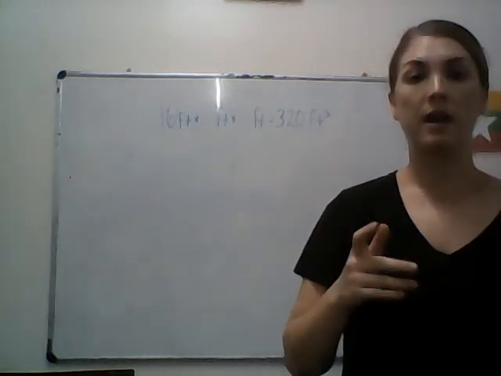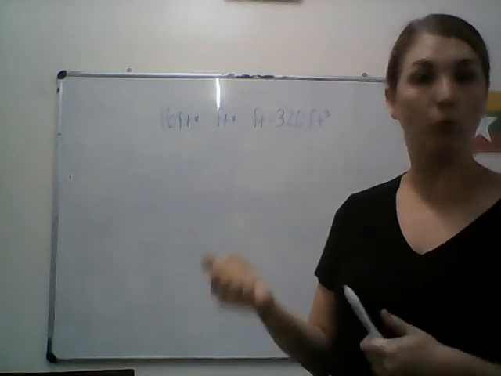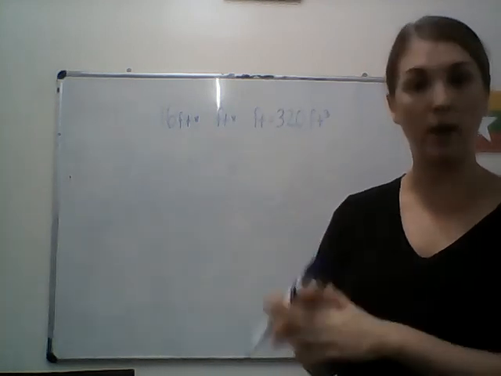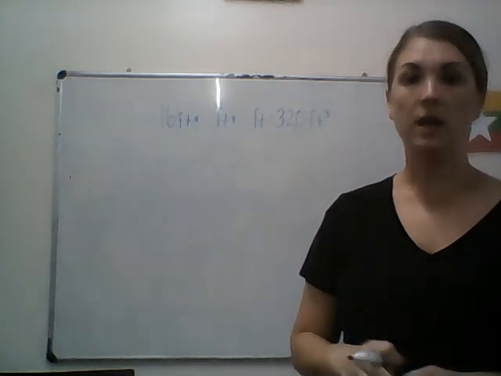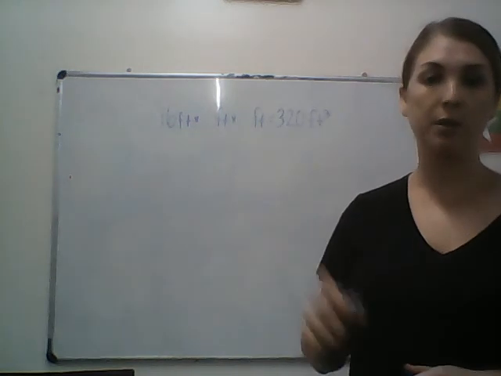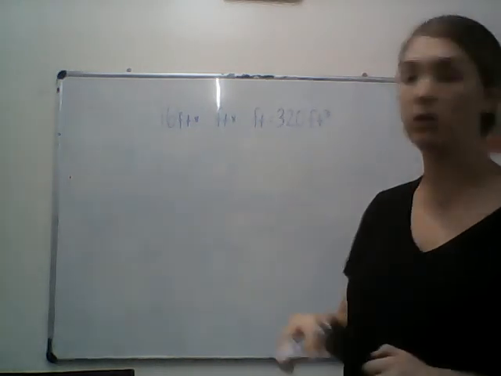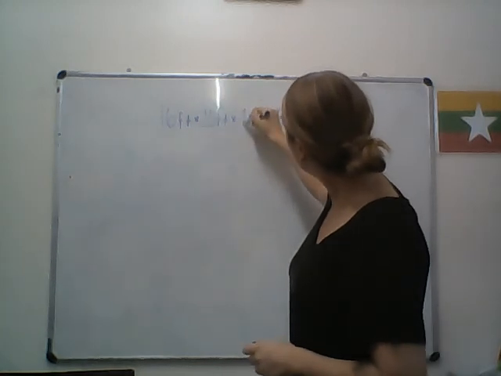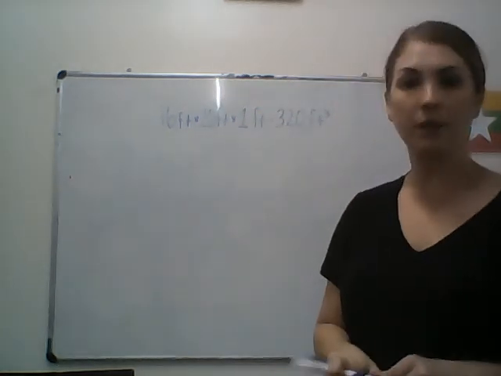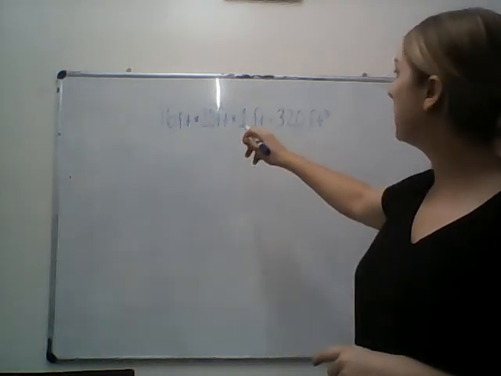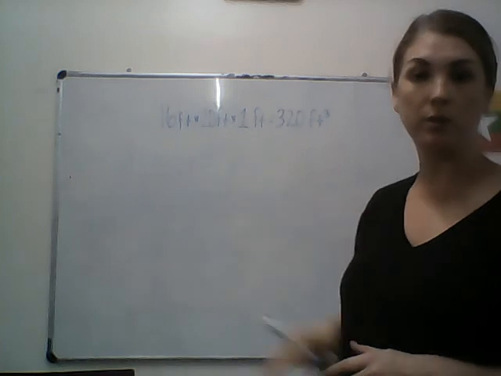So I'm thinking right now, 16 times what would get me to 320? Well, 16 times 20 equals 320. So again, I have two spaces to fill here, and I can't put 20 in both of them. So what I'm going to do is put 20 here, and then 1 here. It makes for kind of crazy dimensions, but 16 multiplied by 20 times 1 is equal to 320.